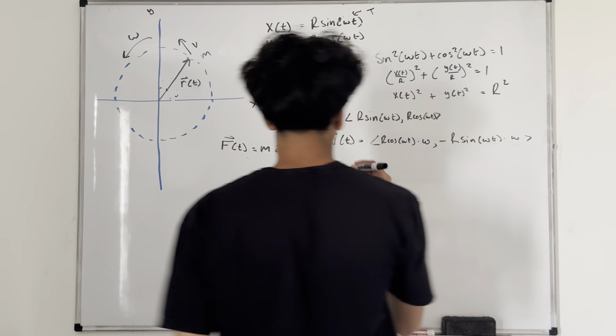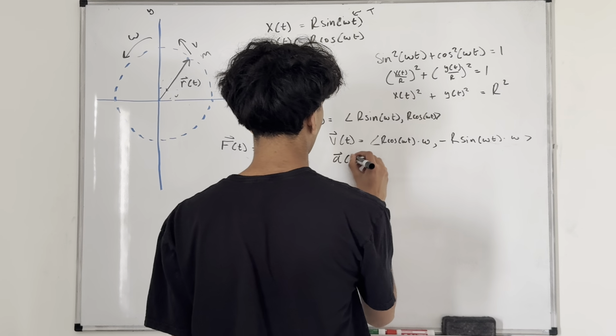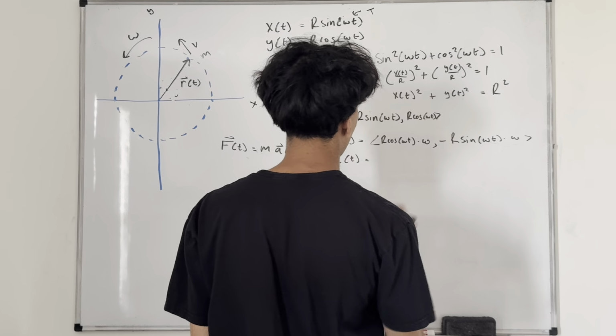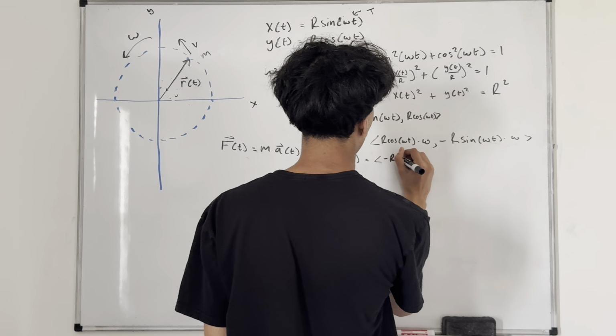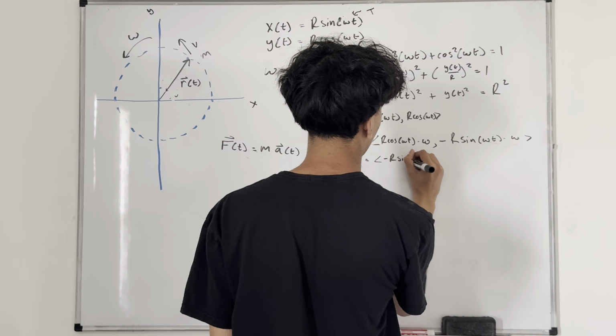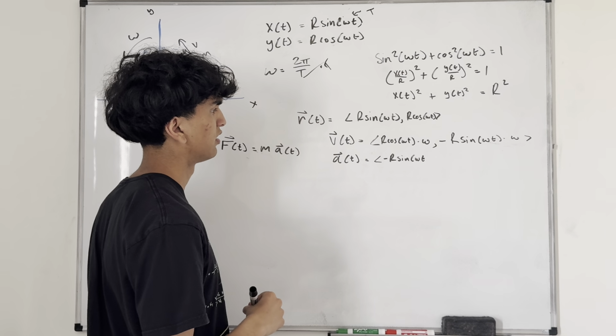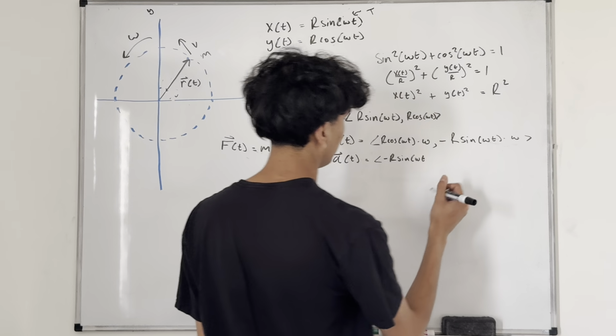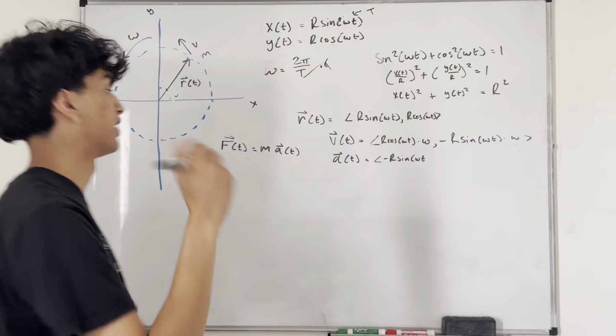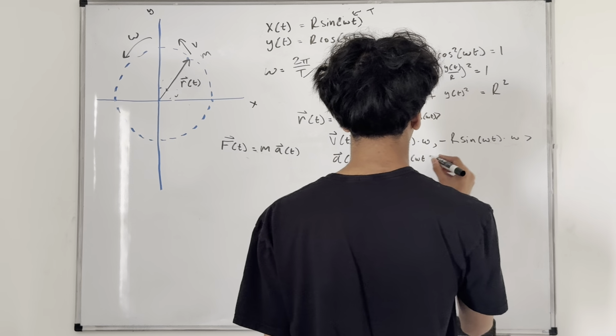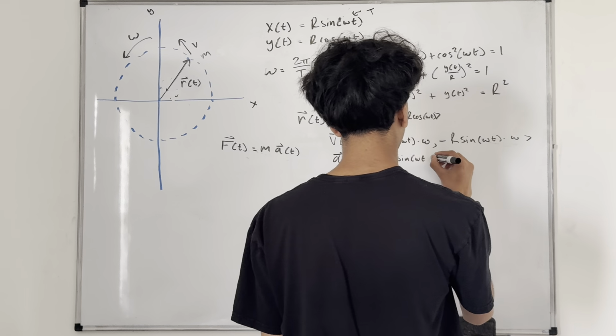Now, if you were to take the acceleration, you do the same thing. So now I would get negative r sine omega times time. I believe so. The derivative of cosine is that, yeah, okay, I should be doing this right. Omega times time.